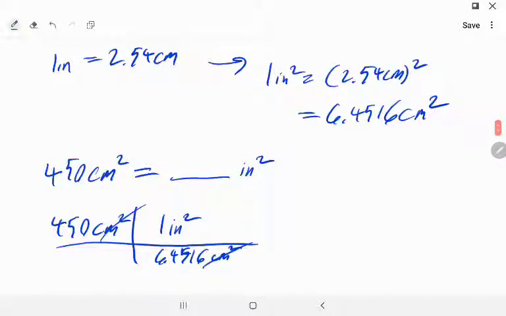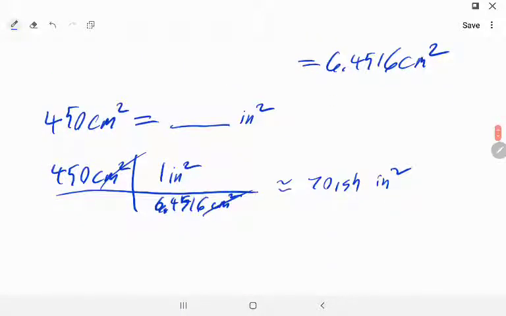We're going to get that 6.45 being divided into the 450, and that's going to be somewhere around 70-ish square inches. Doing it more precise, that's one where you could easily use a calculator.